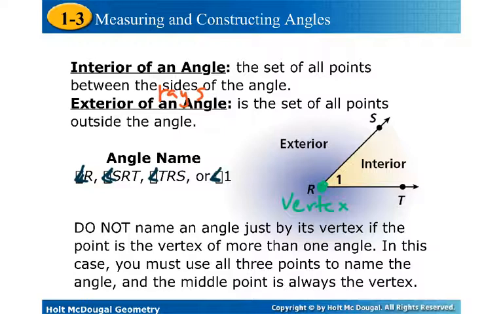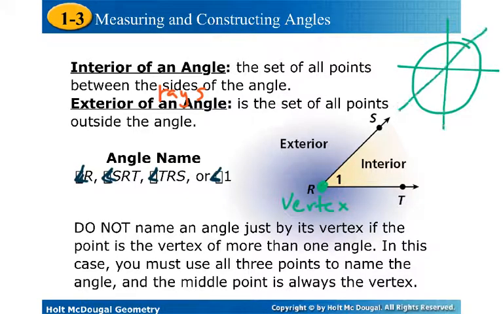All right, so we do not want to name an angle just by its vertex, so this one option here, if the point is the vertex of more than one angle. So let's say that you had a bunch of angles meeting inside. If this was the letter R for those angles, you would have all of these angles that have that R, and so it's very hard to reference which of them you are talking about.